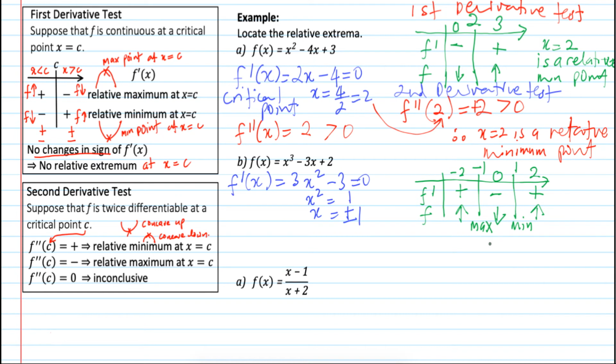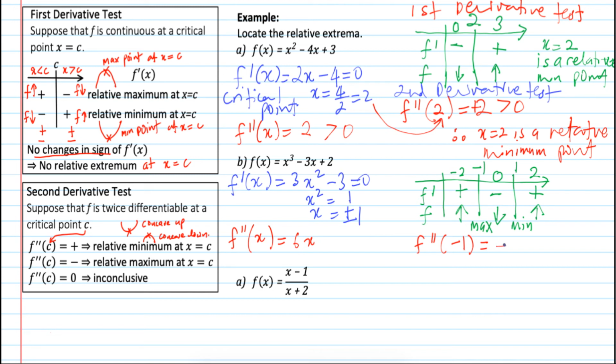You can confirm this result using second derivative test. Find the second derivative of this one, 6x. So you find the value at minus 1. When you substitute into the f double prime, you get a negative number.